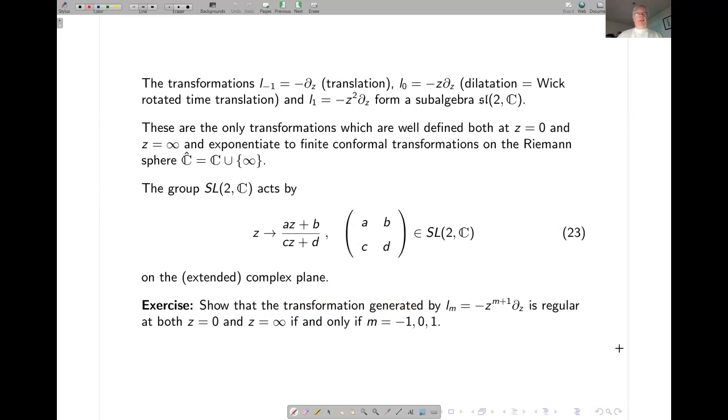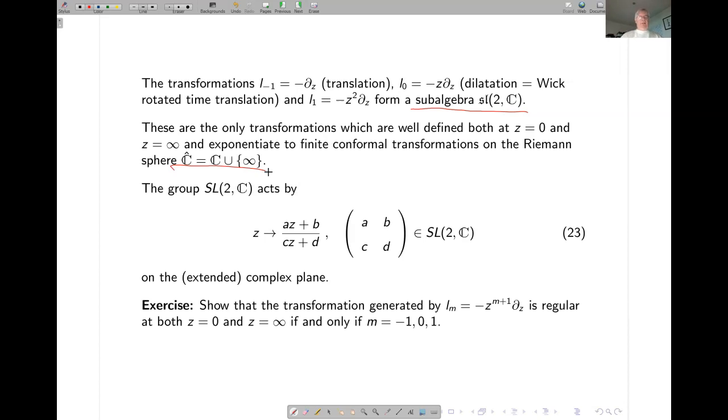What one can show, and that might be among the next set of exercises, which I'm probably rolling out next week or so, is that precisely the subalgebra SL(2,C), and only the 3 vector fields L_-1, L_0, and L_1, are regular on the whole complex plane extended by the point at infinity. So there's only 3 vector fields which generate transformations that are well-defined on the Riemann sphere.